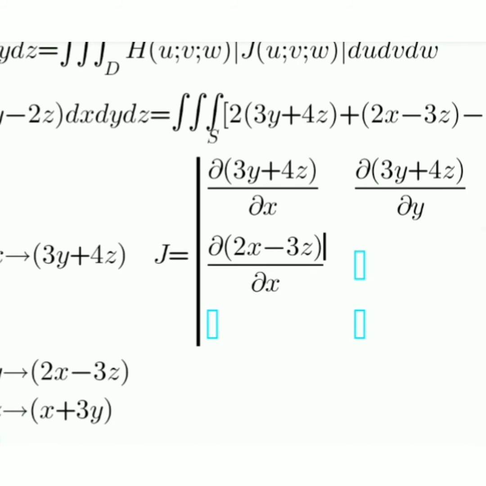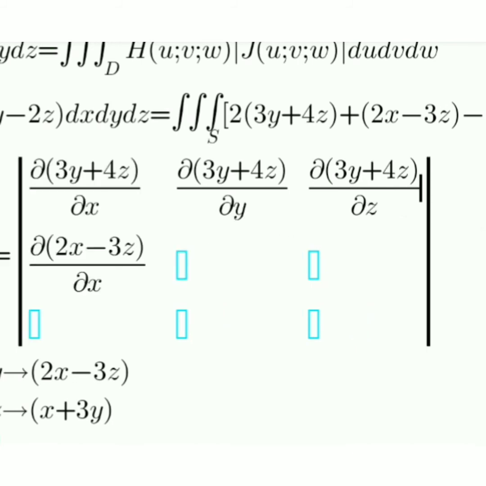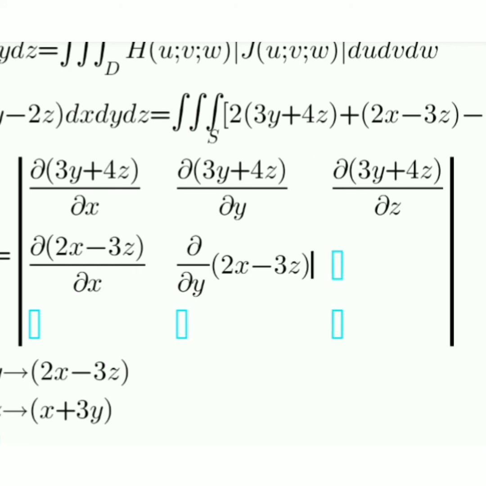Friends, you will see y is in terms of this, and after that, what can I write? Del y, and my value is 2x minus 3z. And after that, friends, I can write del y into 3y plus 4z.